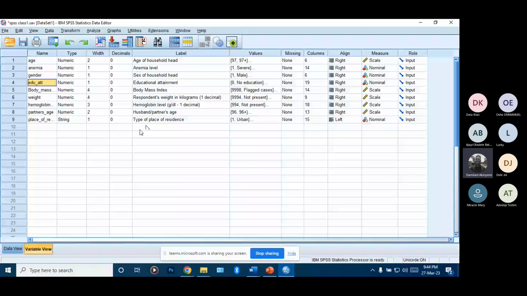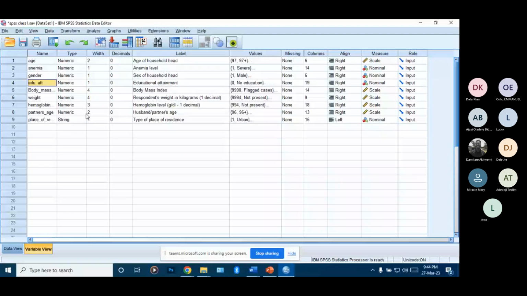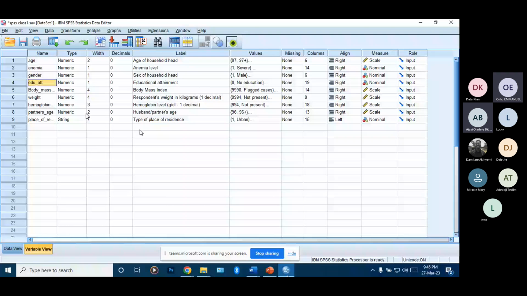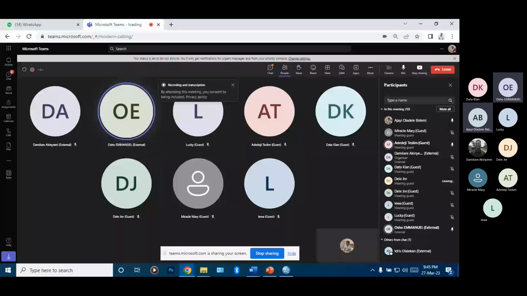Yes, we can see, sir. Can we continue now? It seems someone is complaining about not seeing the screen. I can see it now. Thank you very much.